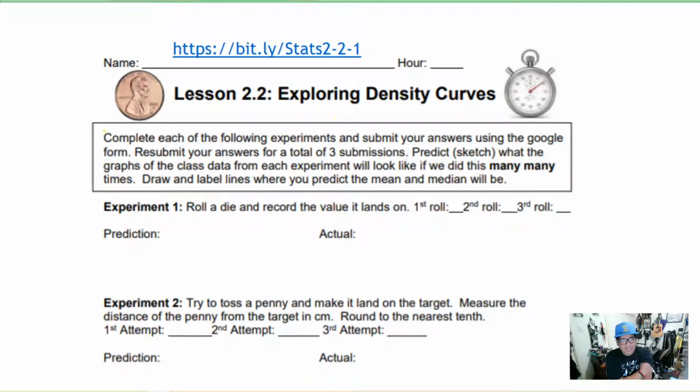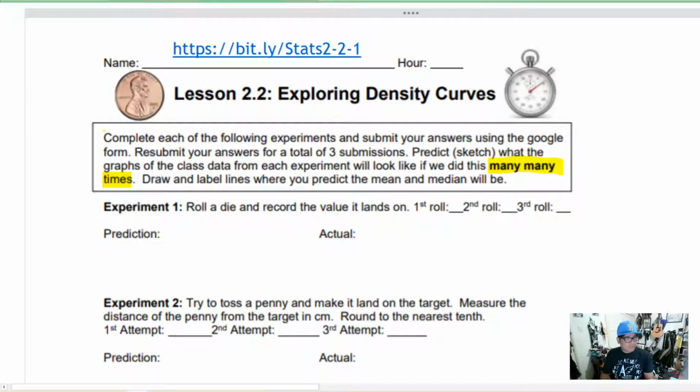You're going to submit your answer a total of 3 times, and then you're going to predict what the graphs of the class data are going to look like if we did this many times, so more than just the 30 or so people currently in class. We're also going to draw and label lines where we think the mean and median will be.